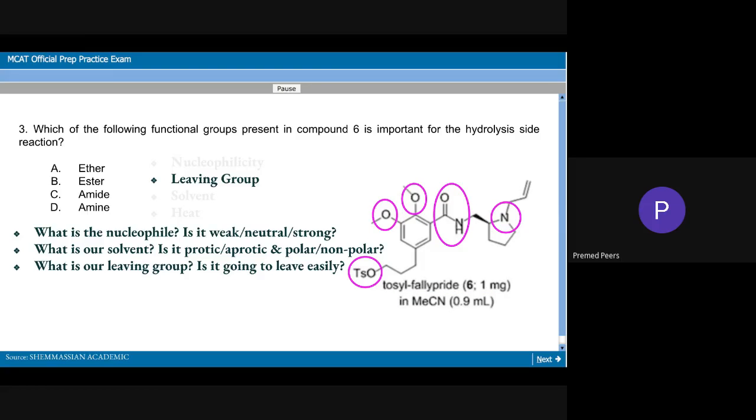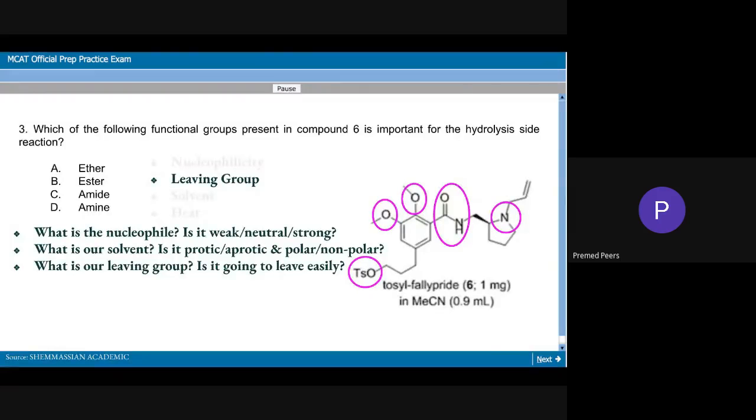So then we come down to the leaving group, which is all the functional groups present in compound 6. And you see a bunch of things, and again, I mentioned that amine should be your top choice to be eliminated, since it is a nucleophile and water is a nucleophile in our desired reaction for hydrolysis right here.